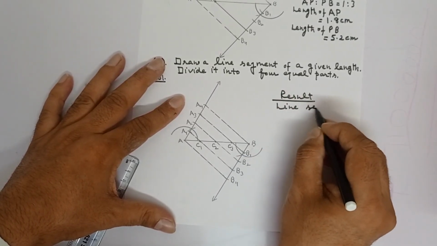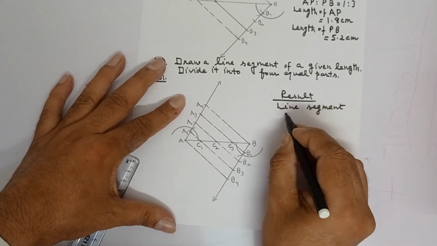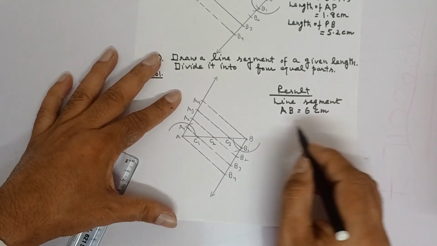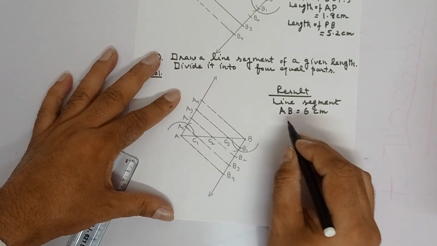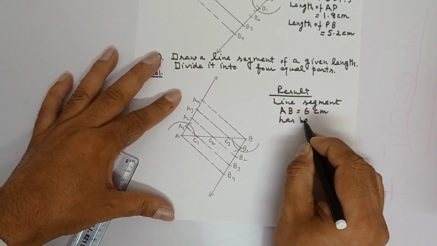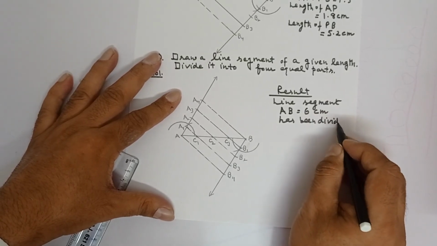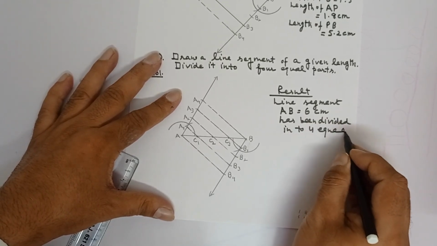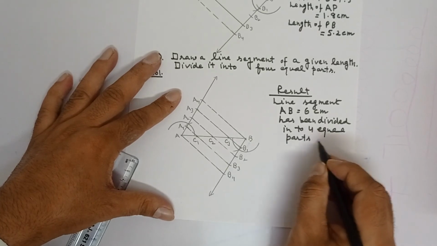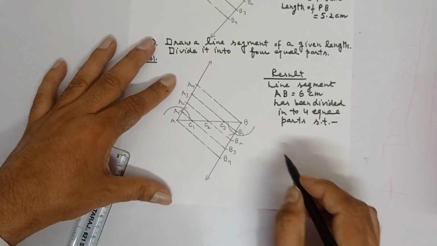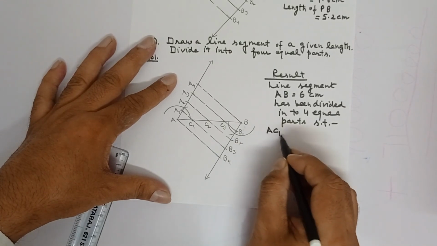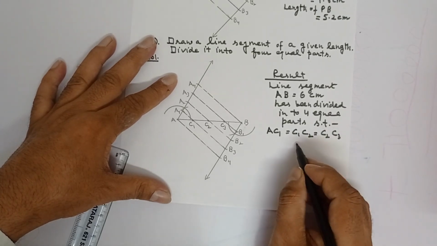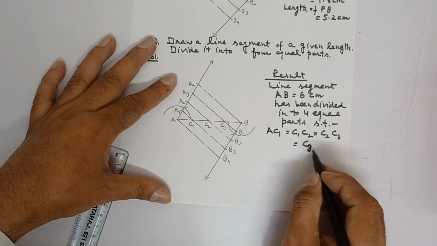Line segment, I have named it AB. It is equal to, even if I have taken by estimate, but what I have taken that I need to write. 6 centimeter has been divided into 4 equal parts, such that AC1 is equal to C1C2 is equal to C2C3 is equal to C3B.